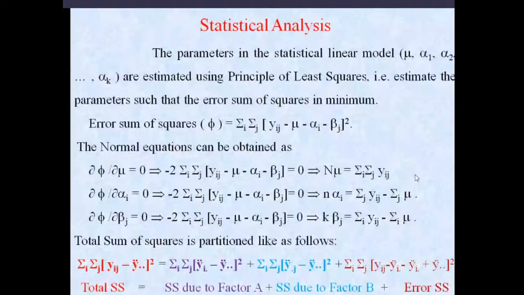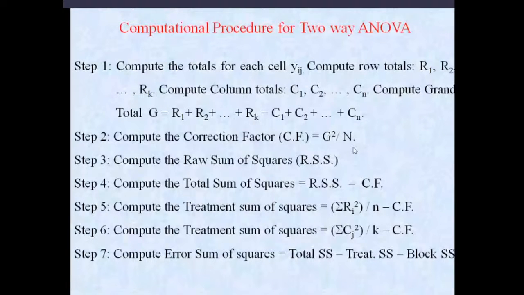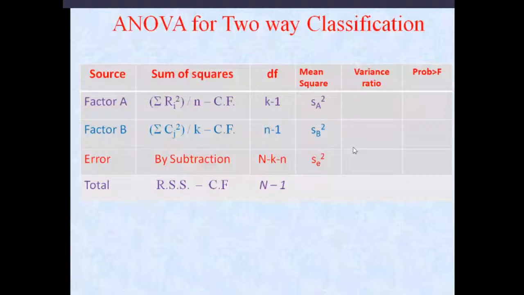He is the father of statistics, R.A. Fisher, who introduced this analysis of variance concept. And this concept is a major foundation for the design and analysis of experiments, and you are also applying it in many other fields.